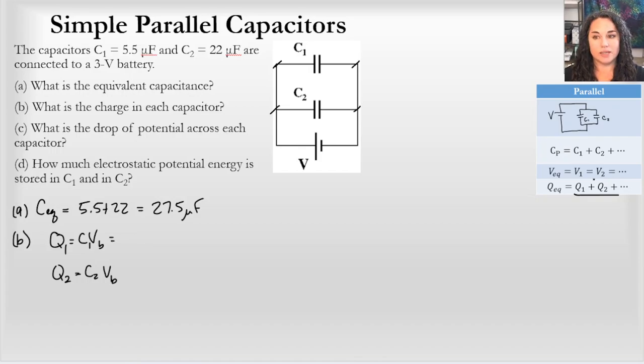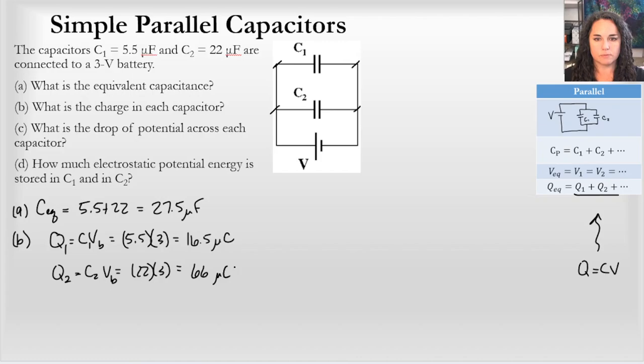Again, if these relationships aren't working for you, remember to use the Q equals CV relationship that works for all capacitors. So C1 is 5.5 and the battery is 3, so we're going to get 16.5 microcoulombs. And also this will be 22 times 3, and you can guess that's 66 microcoulombs.